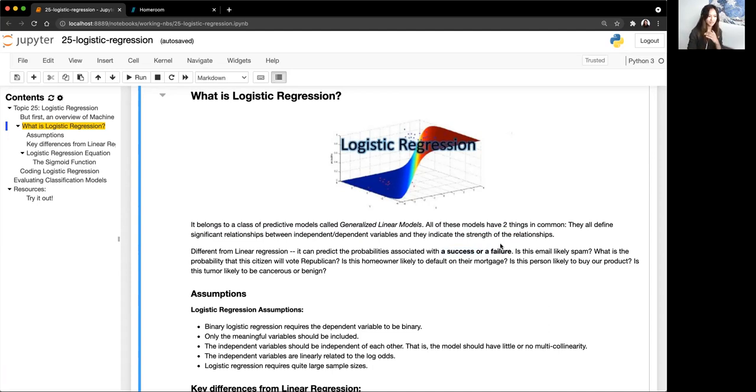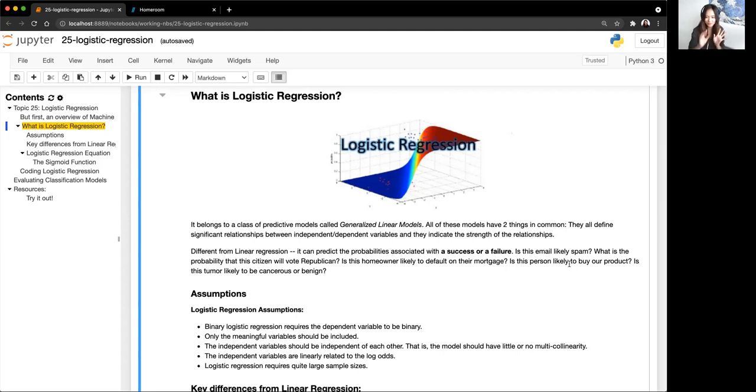So is the email spam or not spam? What is the probability that the citizen will vote Republican or Democrat, or Republican or not Republican? Binary problems. Is the homeowner going to default on their mortgage or not? Are they going to buy our product or not? Is the tumor going to be cancerous or benign? These are all scenarios where you can use not just logistic regression, but any classification problem.